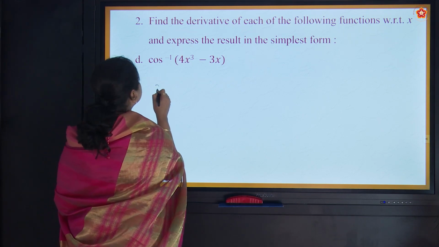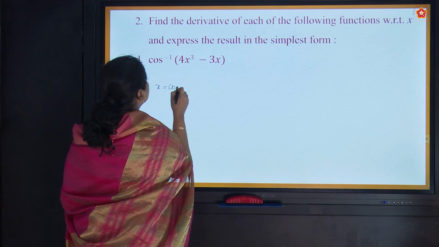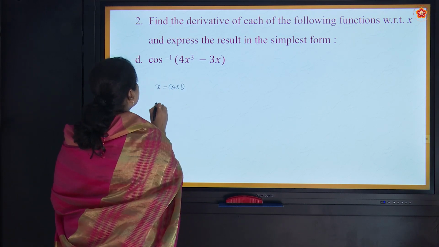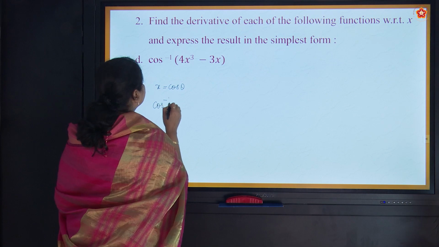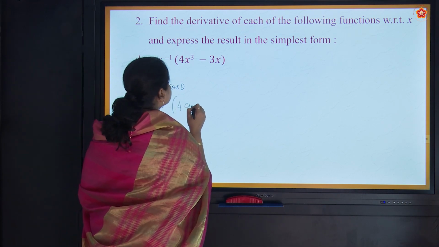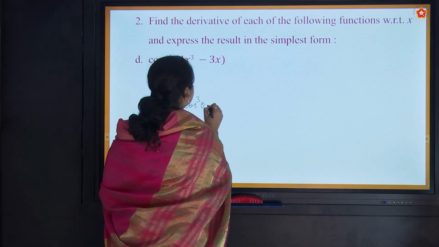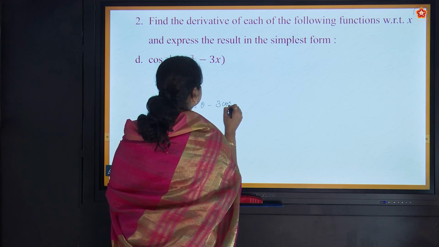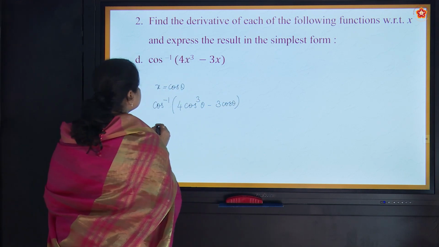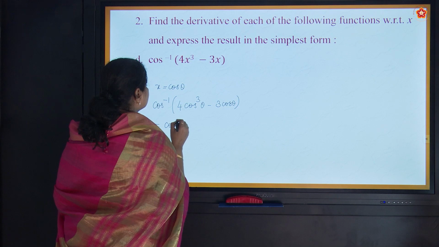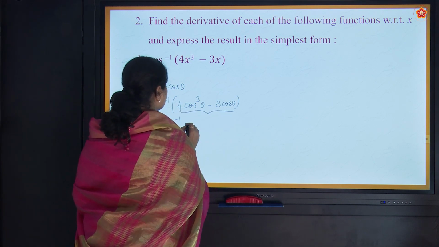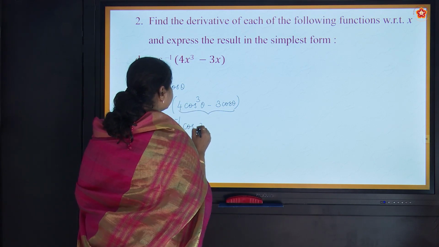So here I'm going to take x is equal to cos theta, so that I get cos inverse of 4 cos cube theta minus 3 cos theta. This is nothing but cos inverse of cos 3 theta.